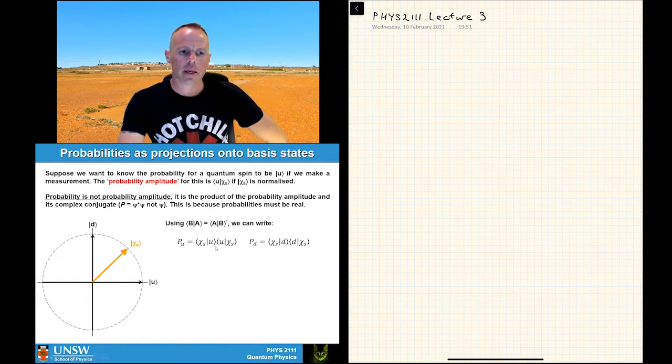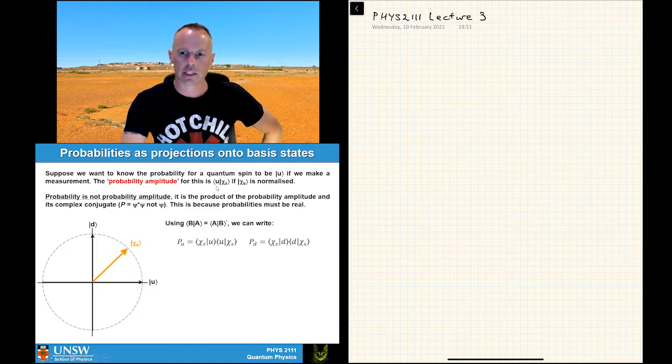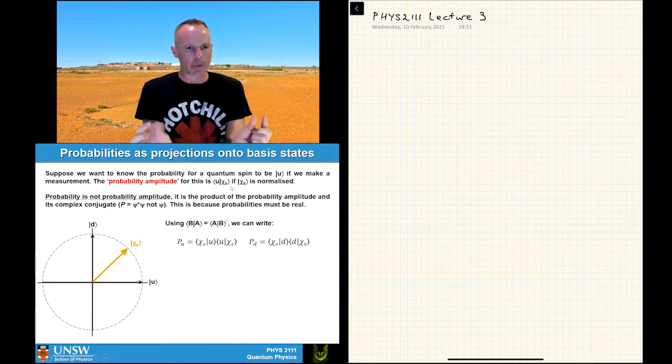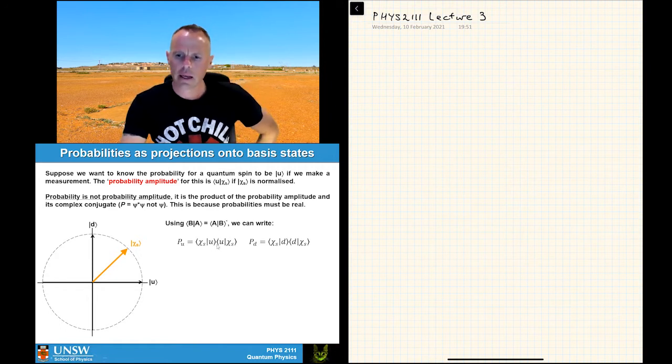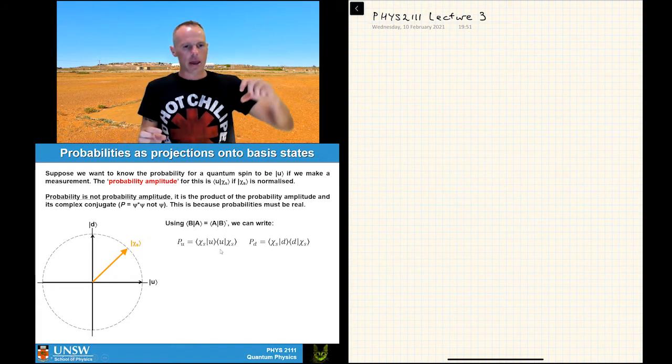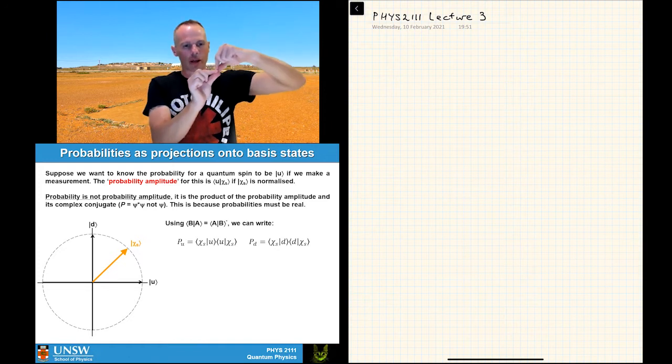This thing up here, as you'll know from yesterday's lecture, is what we call an inner product, and it's basically a product of two vectors that gives you a scalar, okay? This thing in here is what we call an outer product, and what we're doing there is multiplying a vector by a vector, but the way we multiply these together is not such that they reduce down to a scalar.